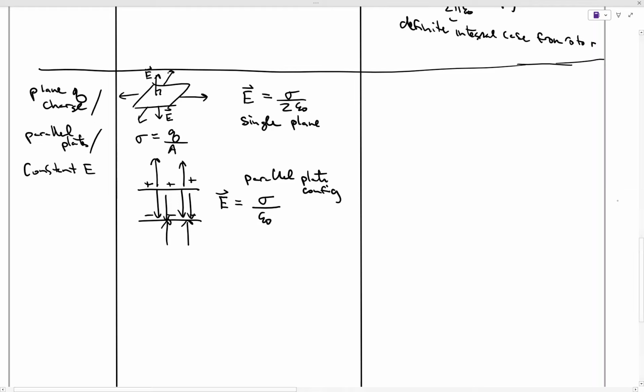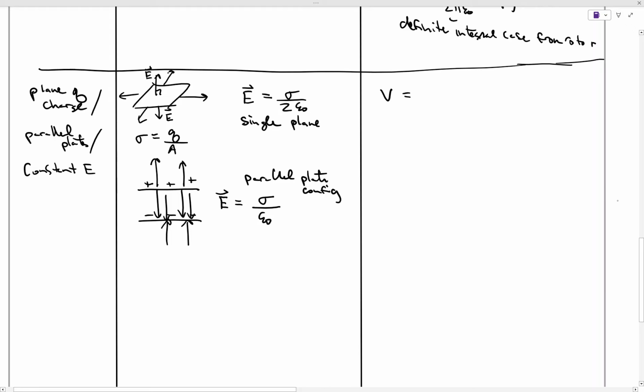This isn't in r per se, so I don't have a factor of r hat there, but you could imagine, if you specified your coordinate system such that this was like z or something, then this would have a factor of k hat in it, something like that. It's going to depend on how the problem is defined. But what's the potential?